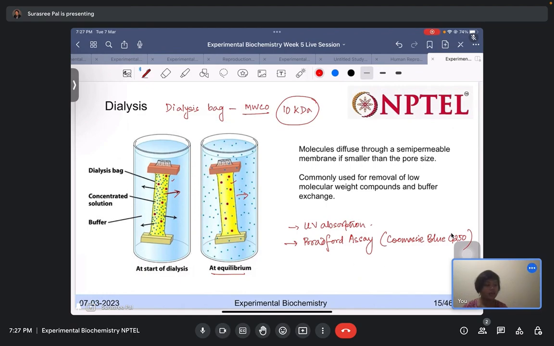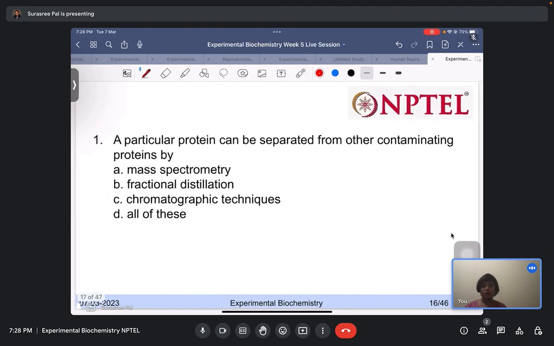The Bradford assay uses Coomassie Blue G250 dye, which is used to spectrophotometrically detect the concentration of the protein, and UV absorption at 280 nanometer can also be monitored to detect the concentration of the protein which is eluted or separated after chromatographic techniques. So that's all about today's discussion. Now let's move to our question answers.